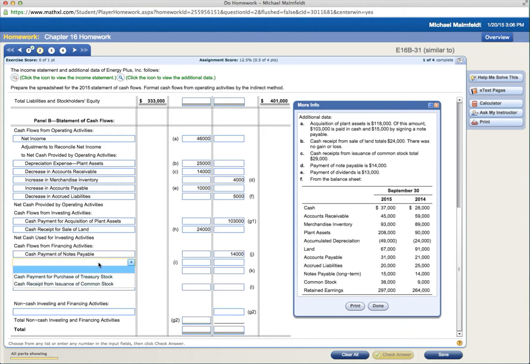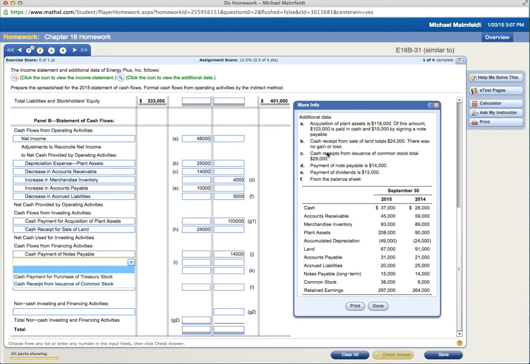So our next section, did we purchase treasury stock or did we issue common stock? And again, purchase of treasury stock would just mean that there was outstanding common stock that we're buying back. So both of these are talking about how common stock was affected. Well, we see here, from 2014 to 2015, the amount of common stock went from $9,000 to $38,000.